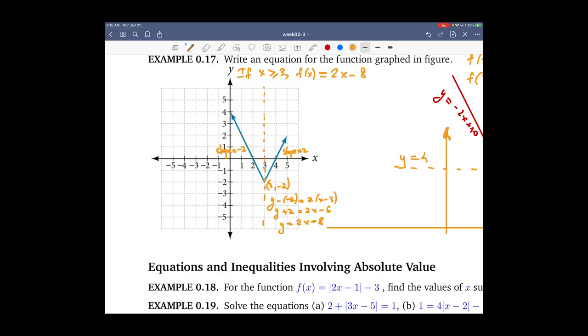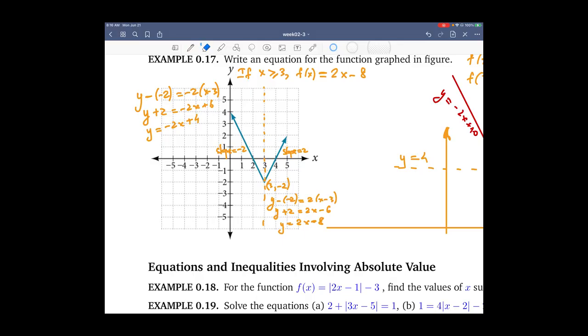And if you again use the point slope form, you can write that y minus the y coordinate of the point, which is again -2, equals slope -2 times x minus 3. After some algebra, we get y plus 2 equals -2x plus 6, or y equals -2x plus 4.